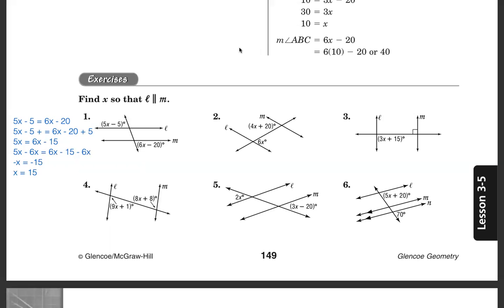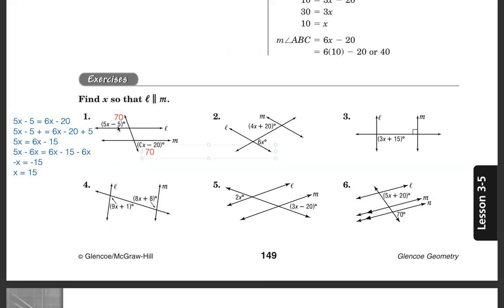Okay, we'll check. When x is equal to 15, what happens to 5x minus 5? 5 times 15 minus 5 is 70. This one, 6 times 15 is 90, minus 20, also 70.